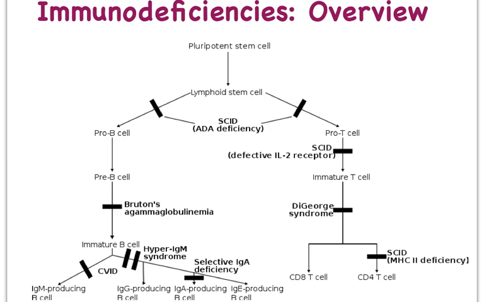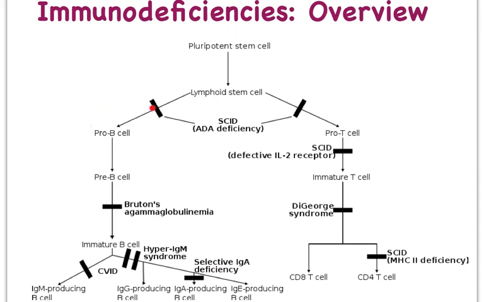So I thought I'd share this flow chart with you. Not that you have to memorize this at all. You'll see that there are additional primary immunodeficiencies listed that we didn't discuss. But it gives you an idea of where some of the problems lie that trigger immunodeficiency.